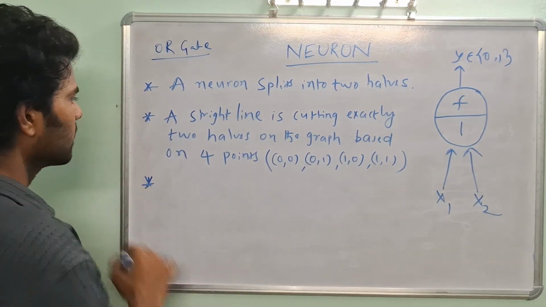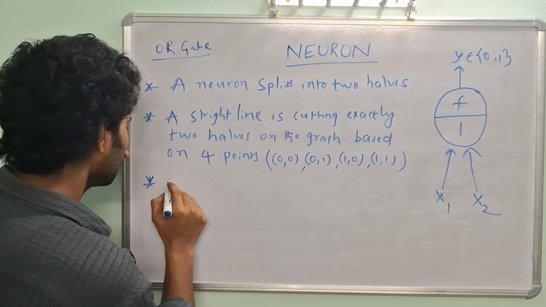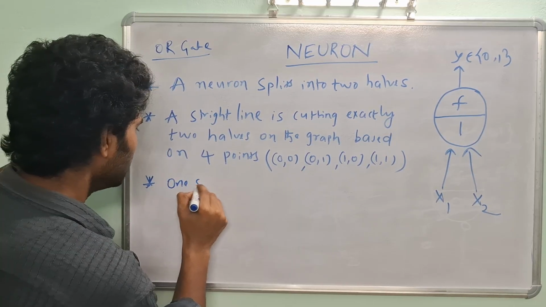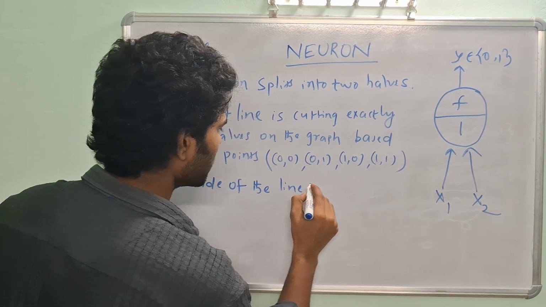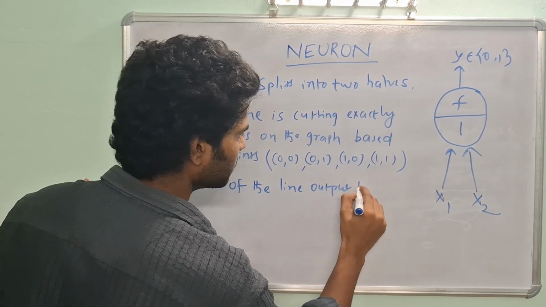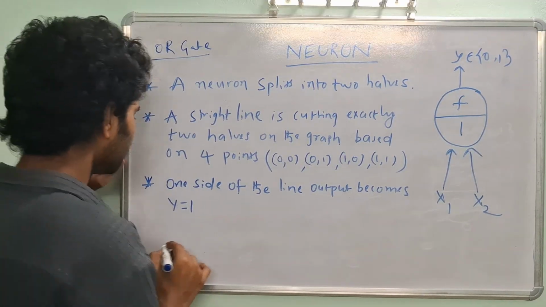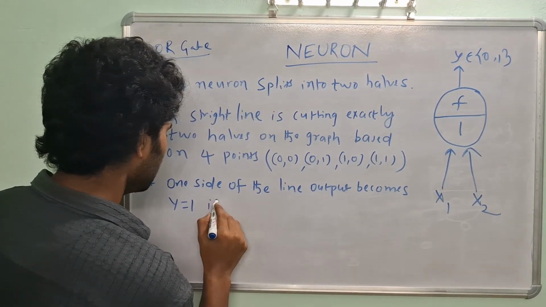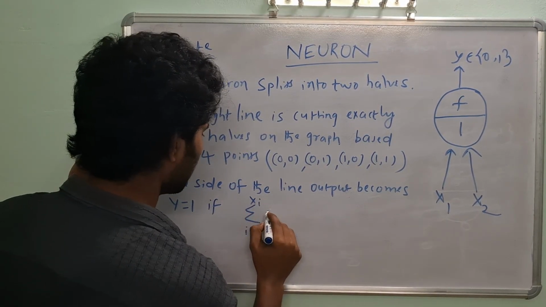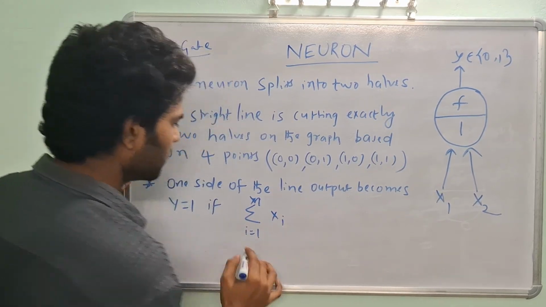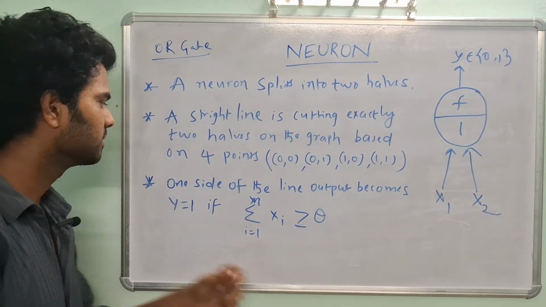And here, on one side of the line the output becomes 1 if this condition is satisfied.